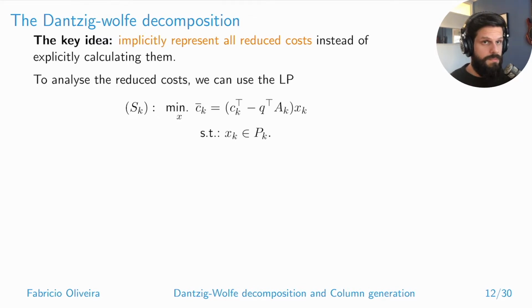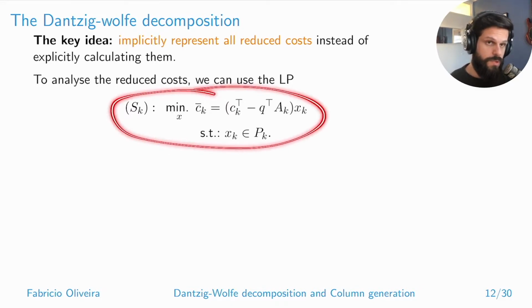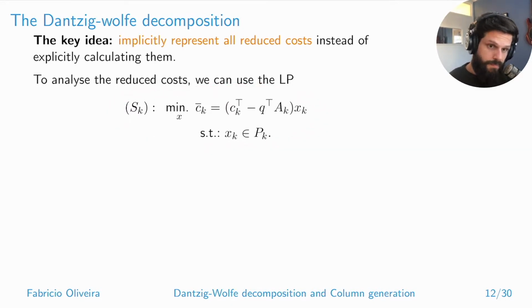So I always have this B or inverse B with finite size. And when it comes to calculating the reduced costs, which would be the massive problem because I'd have to do it for every single extreme point and therefore list them all, what I do is use this implicit representation where I just search for a value of X that would return a negative reduced cost. Because then it means that I'm looking at an implicit representation of my set P to look for that xk that would have a negative reduced cost, you see.